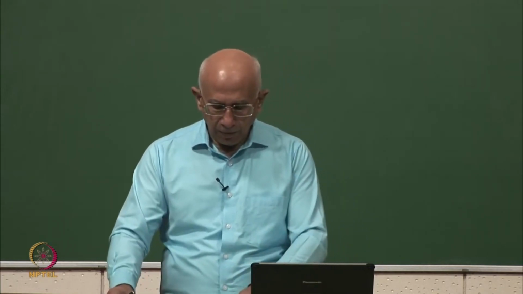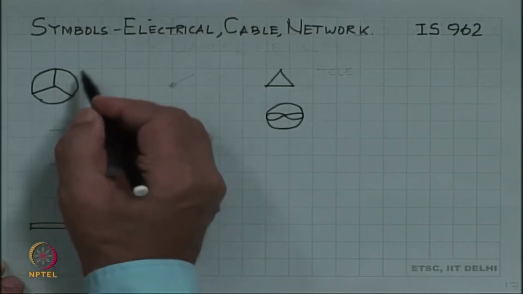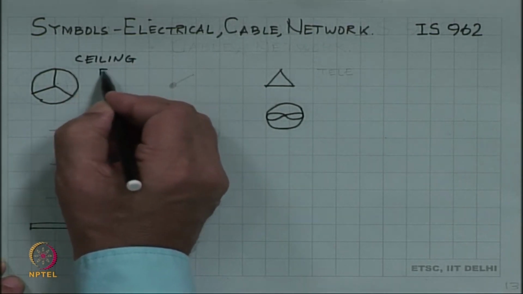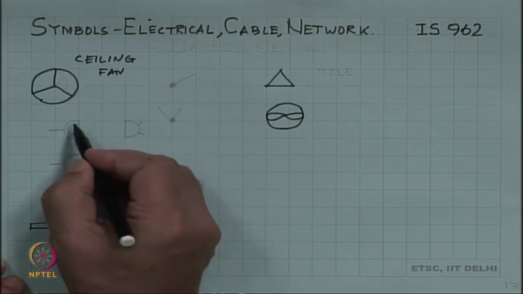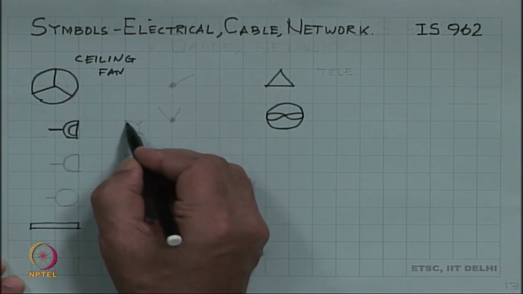And finally, we come to symbols for electrical fittings. This one I have already shown is a ceiling fan. This is a plug for 5 amperes.